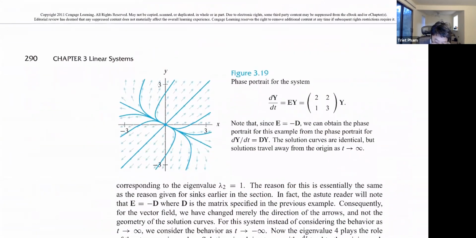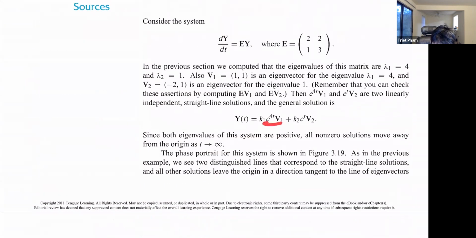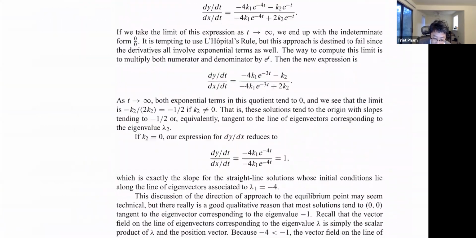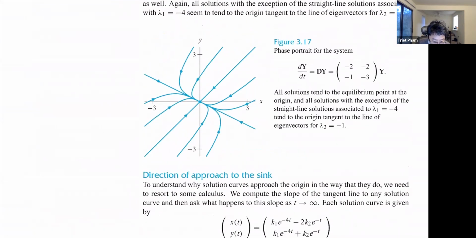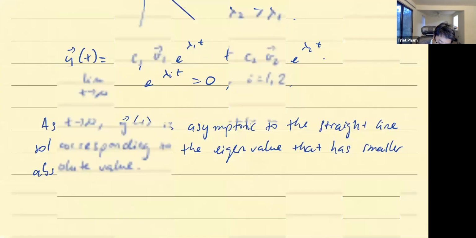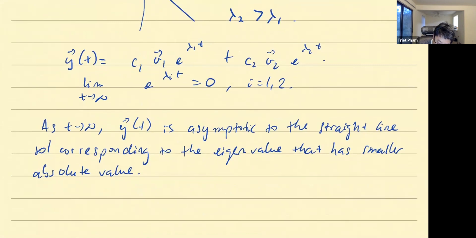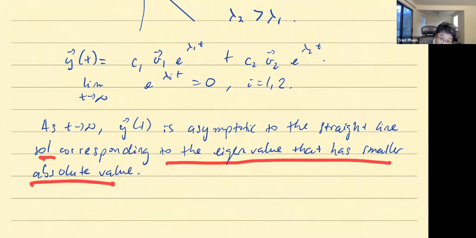Anything else? How about this? This looks like a source. Yes, source, where this is V1, this is V2. Lauren, remember what I said? Asymptotic to the solution corresponding to the eigenvalue that has smaller absolute value.